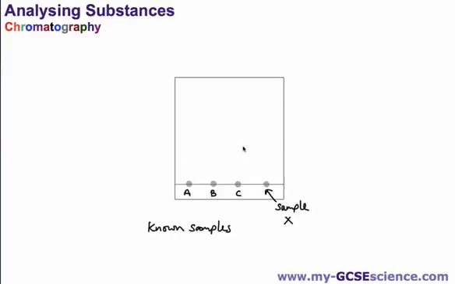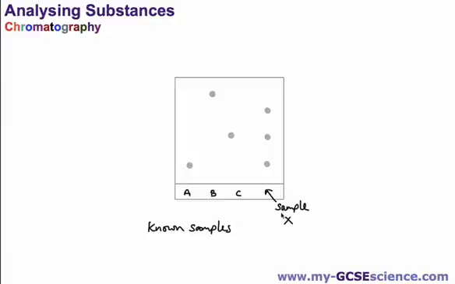So we carry out our chromatography as we've done on the previous slide, and after a while you end up with a pattern that might look something like this. We've let it run for a little while, and the pattern ends up like this. What we can see is that the sample does contain some of the known substances, and if you look carefully you might be able to identify them.